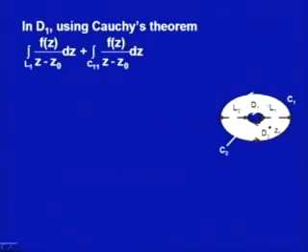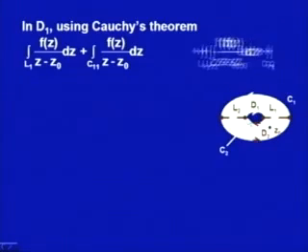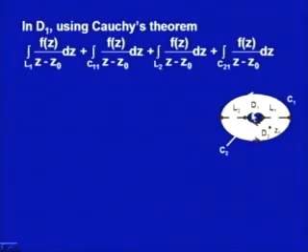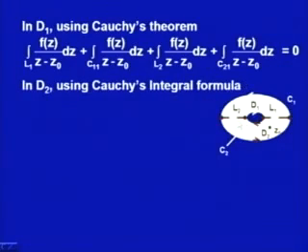So along this boundary, L1, then C11, then L2 and then C12, the integral should be 0.